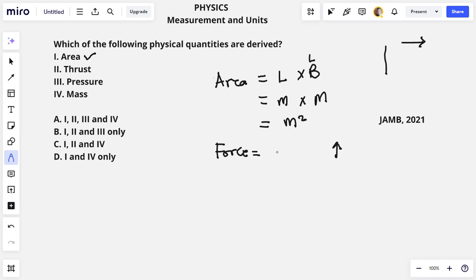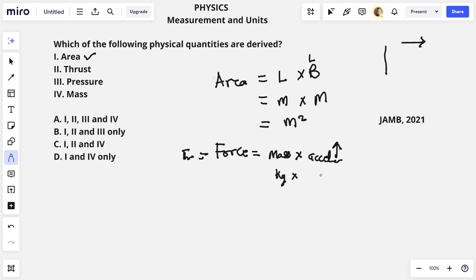Thrust is a force. And the universal definition of force is what? The product of mass times what? Acceleration. It doesn't matter whether it's gravitational acceleration or irregular acceleration. In this physical quantity, force or thrust, you can find mass, which is a fundamental quantity measured in kilogram.